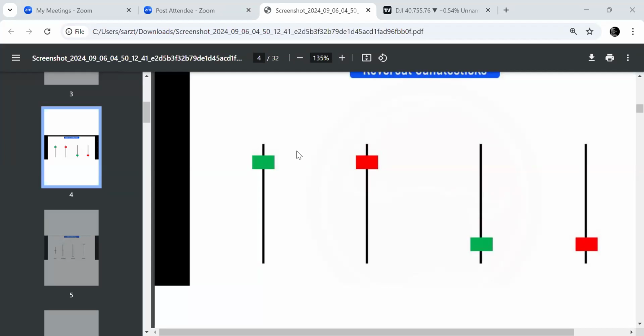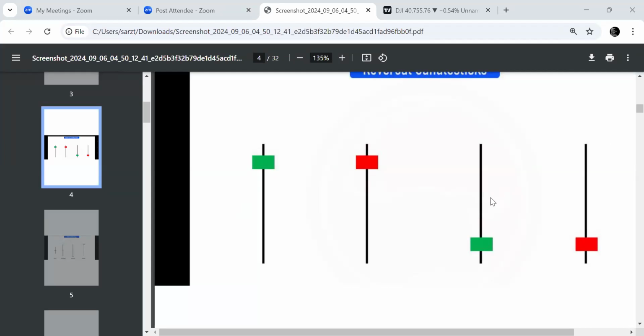If the wick size is high on the bottom and less on the top, it is a bullish pin bar. When the wick candle forms while the price is falling, it is a hammer, and if it forms while the price is moving upside, it is a hanging man.